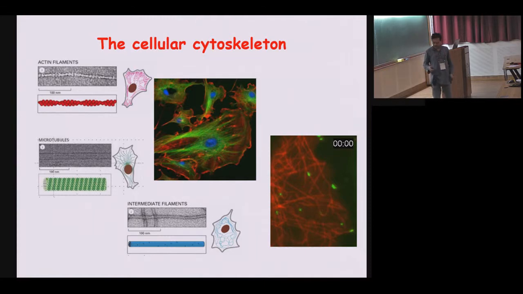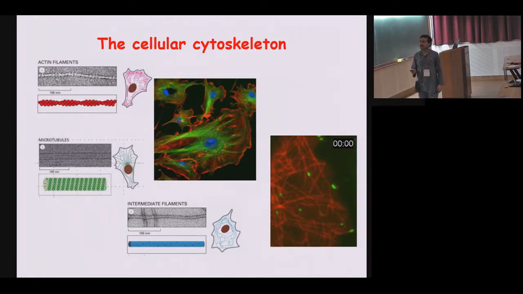Okay. So obviously the cellular cytoskeleton is a very important part of the cell. It gives the cell its stability, structure, the shape of the cell, and performs a whole host of functions. Now the question, of course, is how much do we understand these cytoskeletal components?